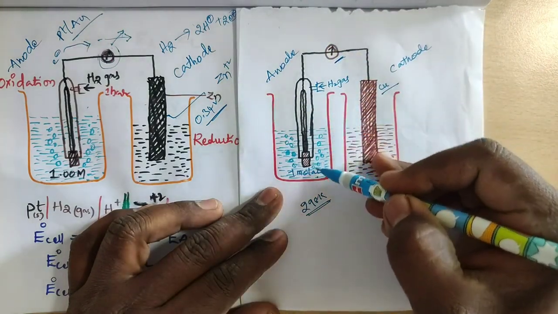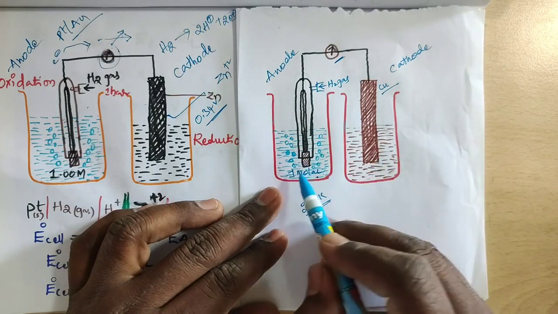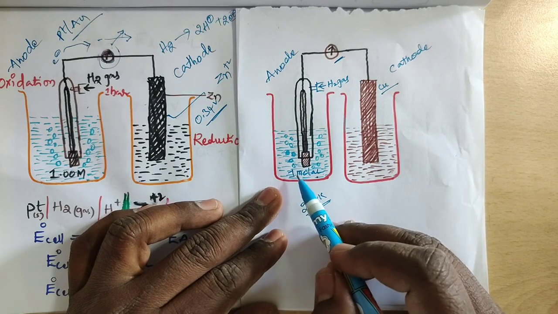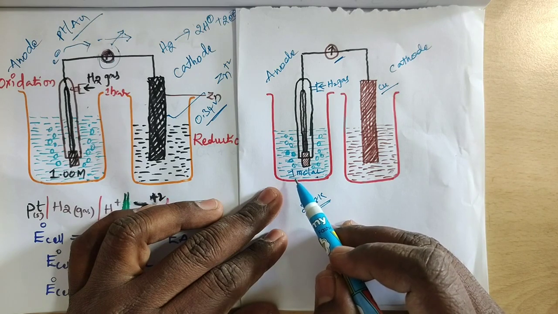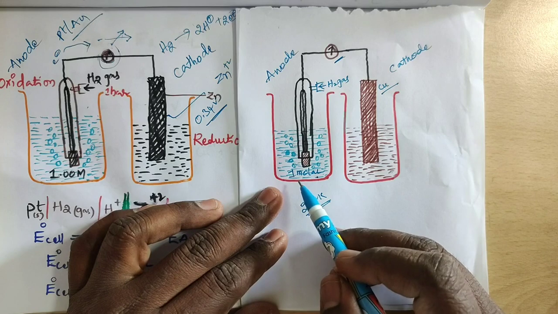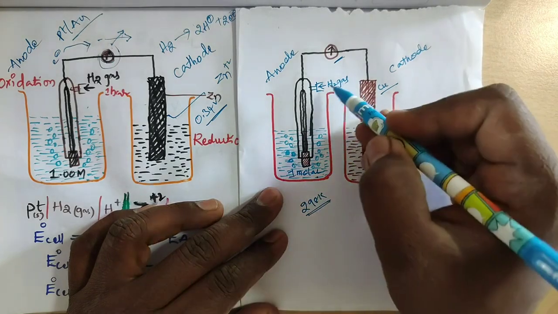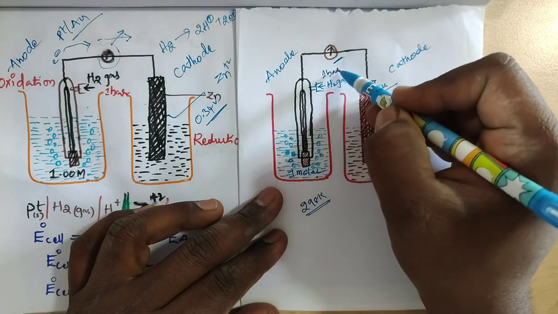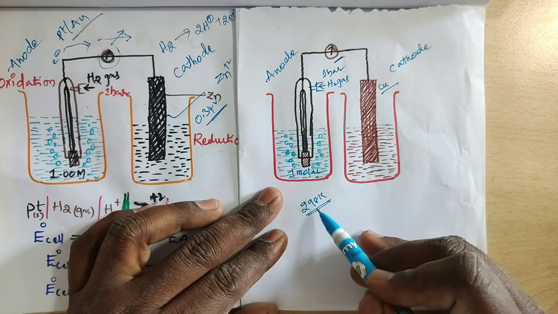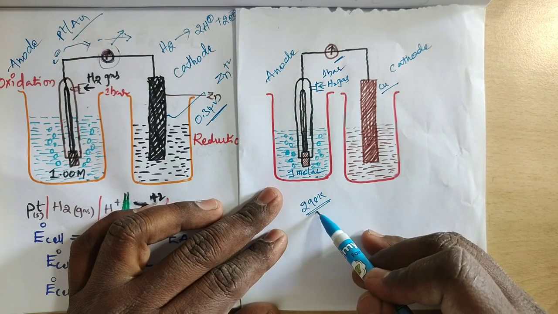This electrode is dipped in this 1 molar acidic solution. The concentrations of both the reduced and oxidized forms of hydrogen are maintained at unity. The pressure of the gas is 1 bar, and the concentration is 1 molar at 298 Kelvin temperature.